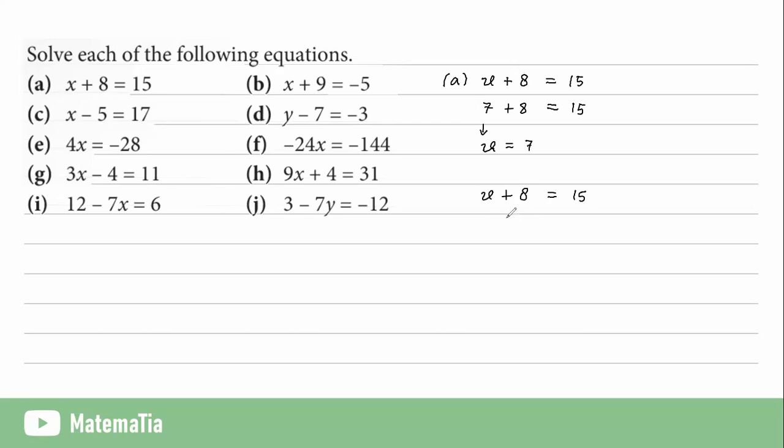It's okay if we write this way, minus 8, and then we have to do the same way on the other side of the equation. So it's also minus 8.